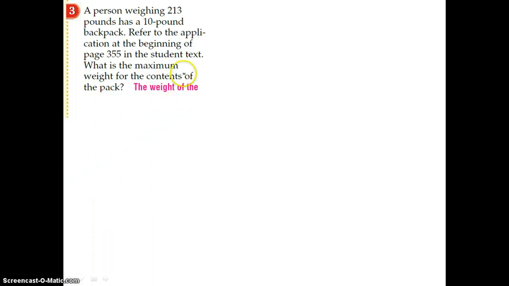All right, so here is a person weighing 213 pounds, has a 10-pound backpack. We're going to use our formula again. 3 times the quantity of P plus C is going to be less than the body weight. So what is the maximum weight for the contents of the pack if you have a 10-pound backpack and you're weighing 213 pounds?